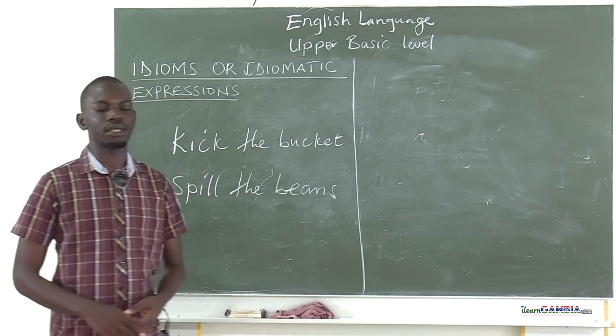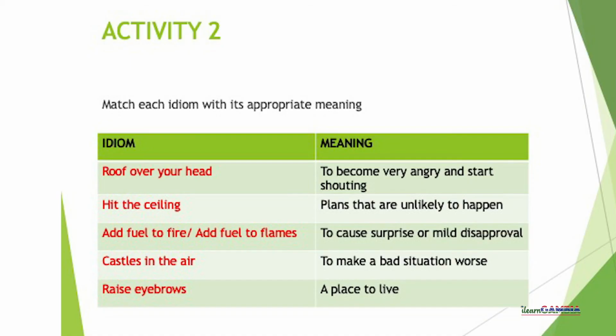Now here comes another activity. This one is matching. You are to match the idiom with its appropriate meaning. We have the table with idiom and meaning, but the meanings are mixed up. They do not correspond to their right idiom, so you have to arrange them correctly.